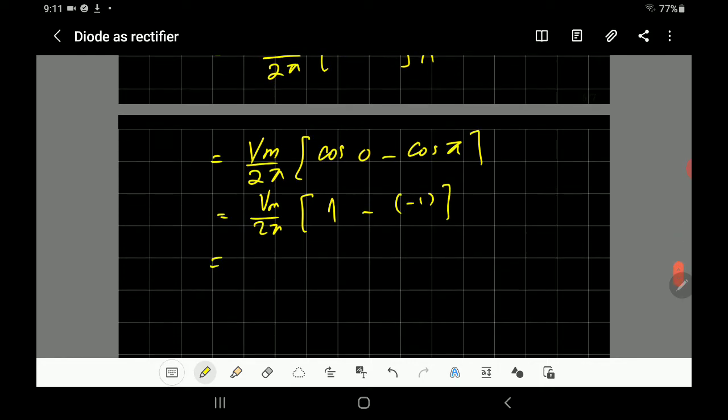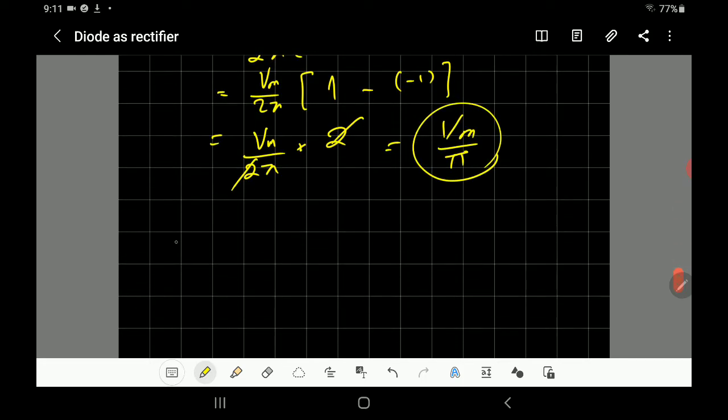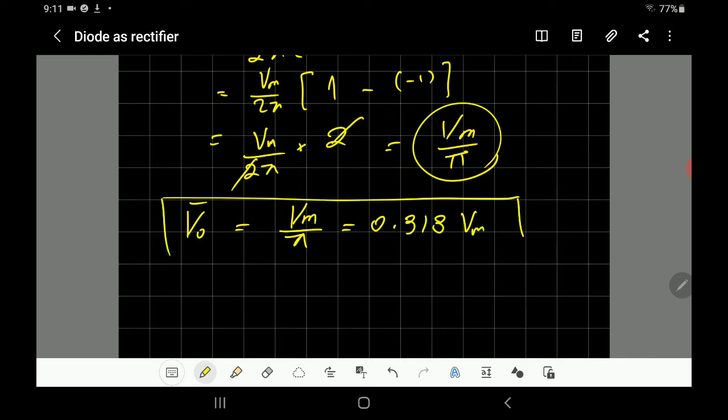So it will be V maximum over 2 pi times 2. The 2 cancels the 2, so it's V maximum over pi. So the average voltage of the output in a half-wave rectifier is V maximum over pi, and 1 over pi is equal to 0.318. So that's the average value of the half-wave rectifier.